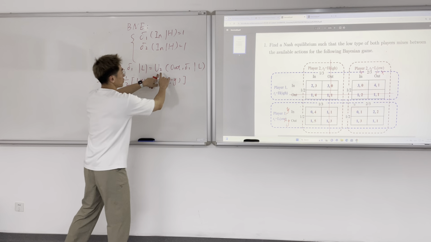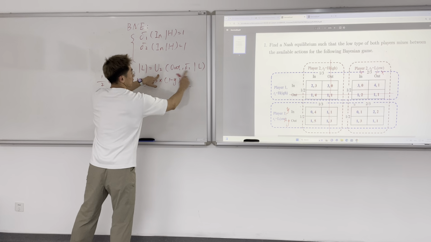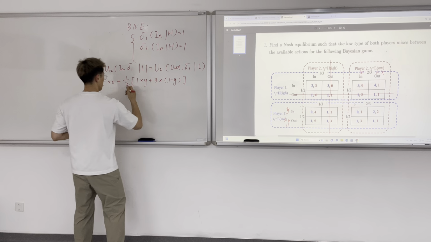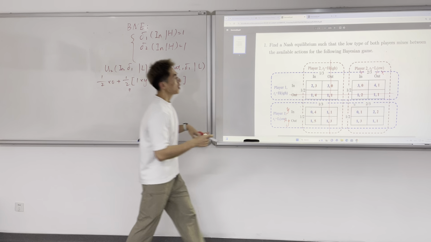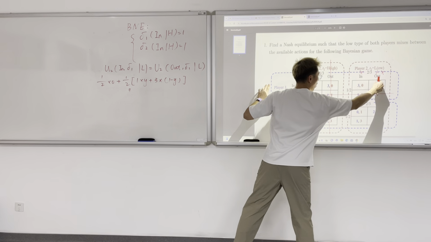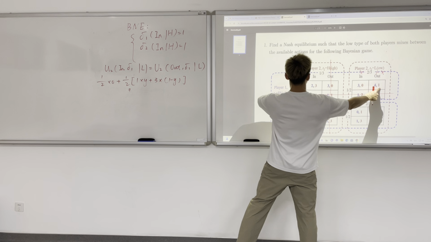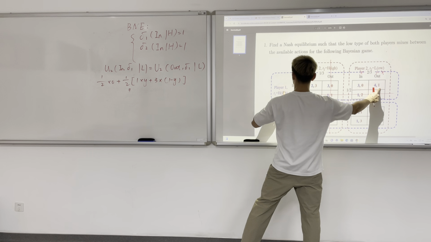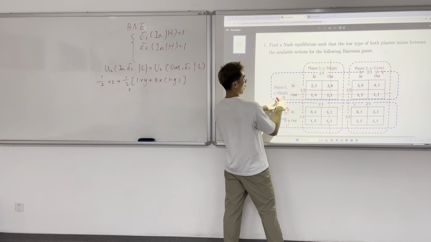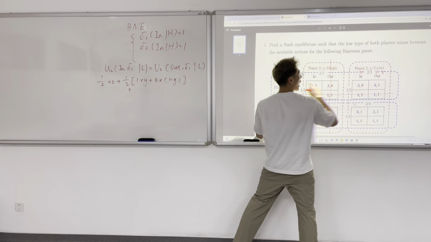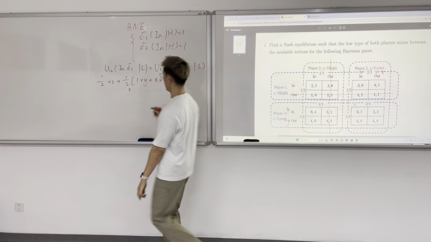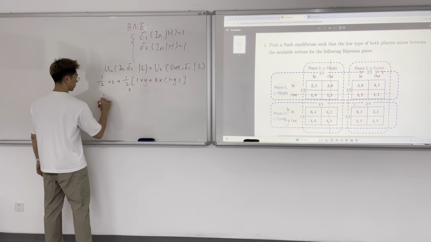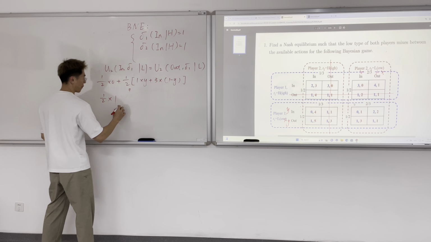And let's continue. What if low type player 2 plays out? If she plays out, first, a half possibility you are confronting a high type player 1, and this gives you a payoff of 1, so this is 1/2 times 1.